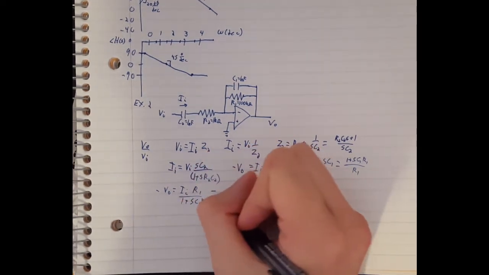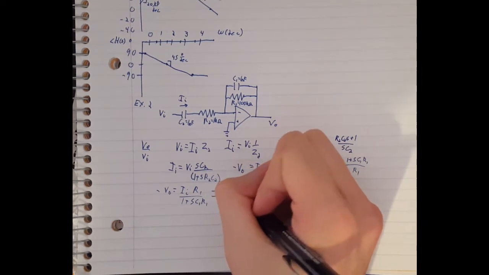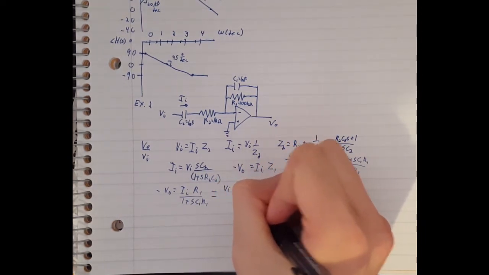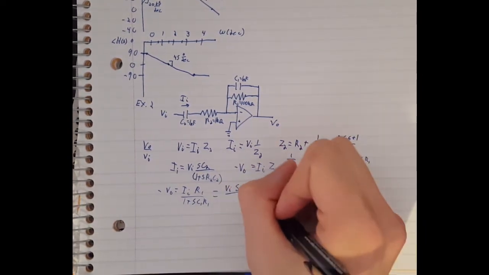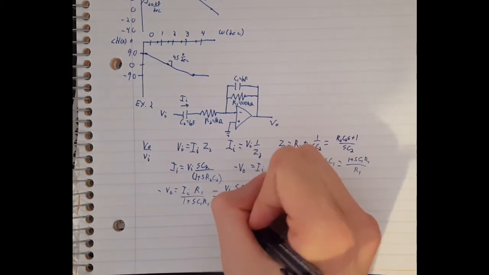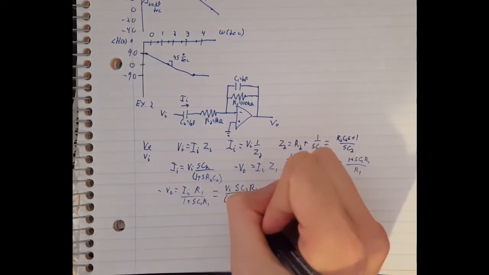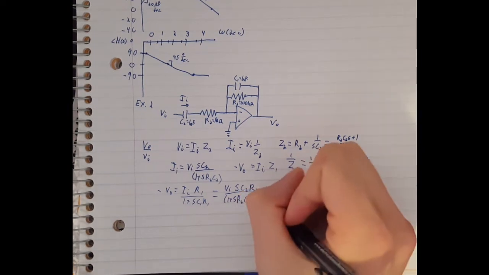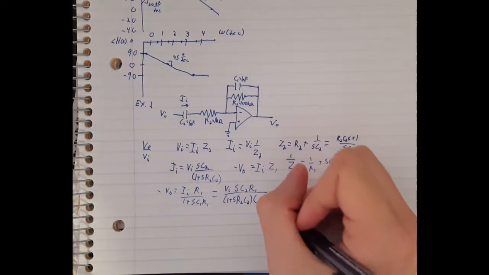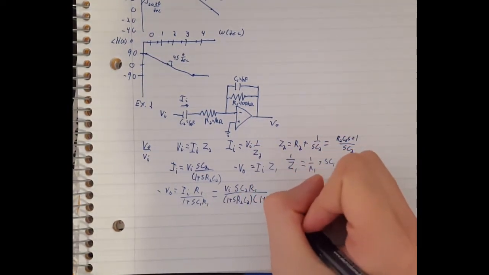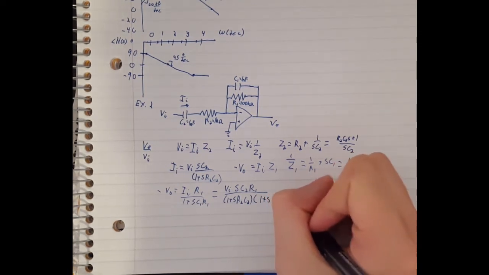Plug in I in here, and you get V in SC2 R1 all over 1 plus S R2C2, times 1 plus S C1 R1.